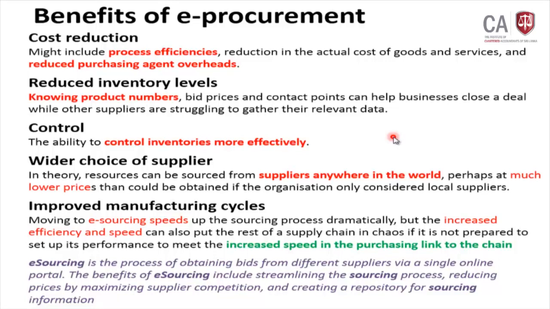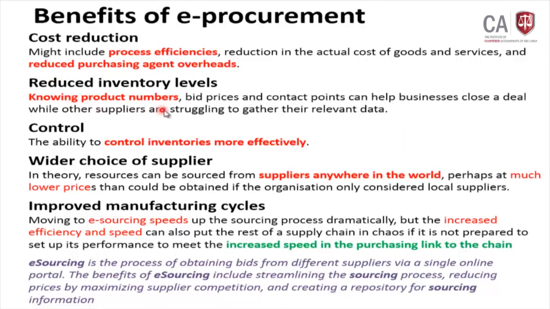When you are doing the purchasing, there can be so many other expenses. That can be reduced in e-procurement, because you are using electronic media in order to procure the goods.